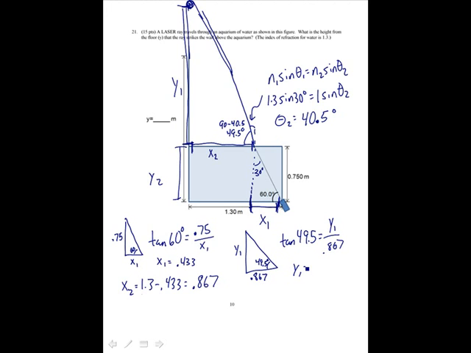And so y1 is 1.02 meters. y2 is 0.75 meters. So my total y is 1.02 plus 0.75, which is 1.77 meters. So you got some numbers that were slightly off, but just because of rounding off, I didn't go off for that.